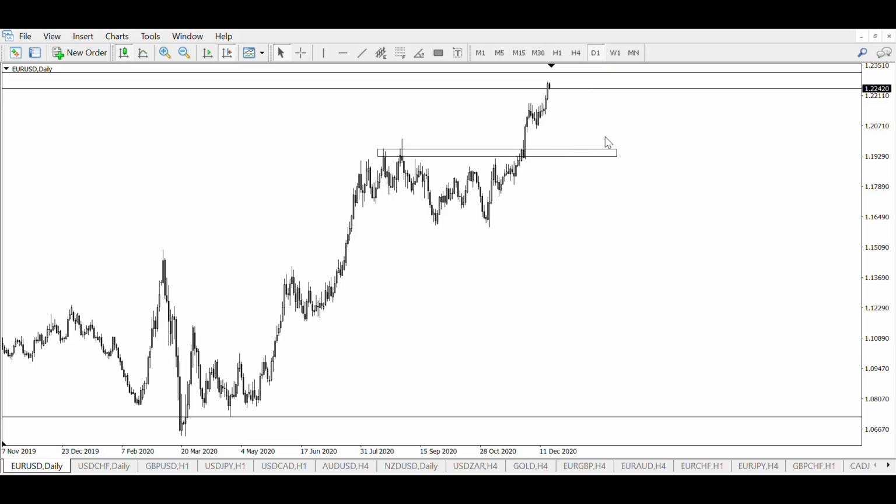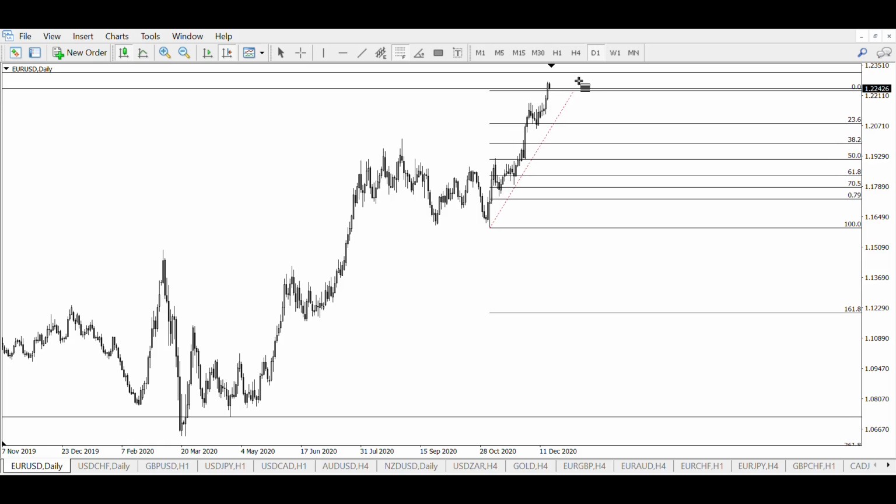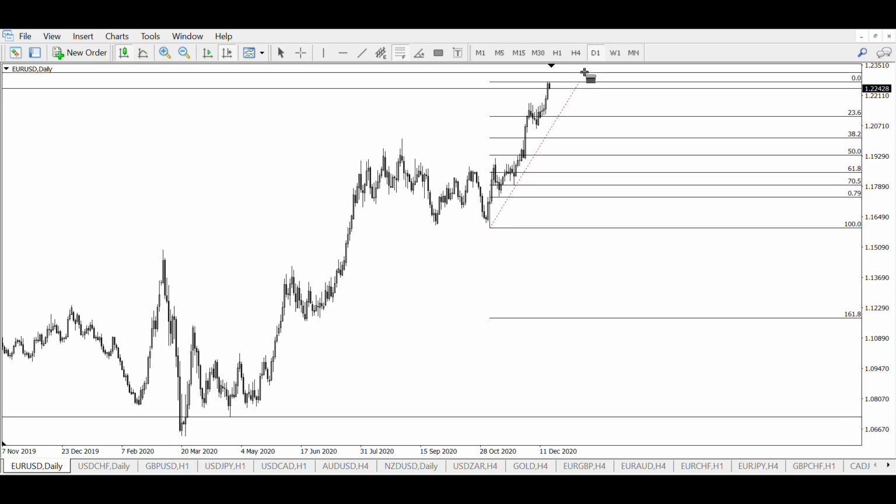So now all I'm looking for, right, is a zone or an area of confluence. And when I get my Fibonacci and I put it on my most significant low, or my last significant low rather, and I drag it out to where price seems to be retracing from now, right?